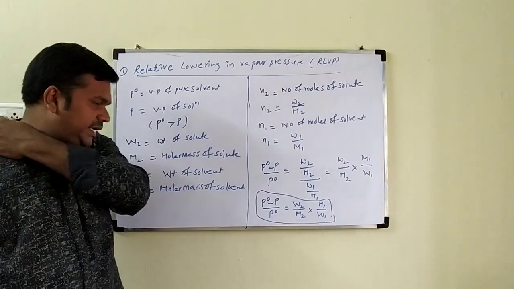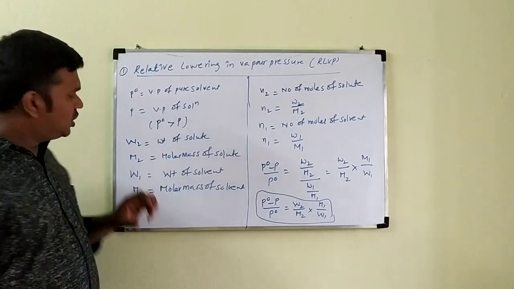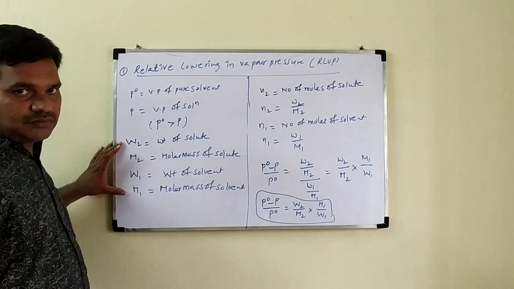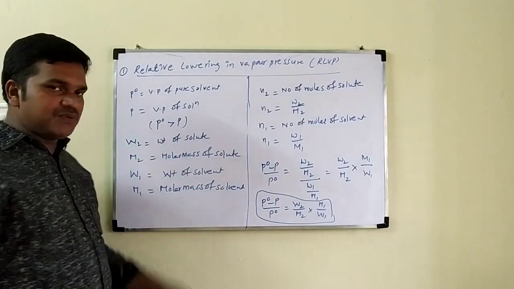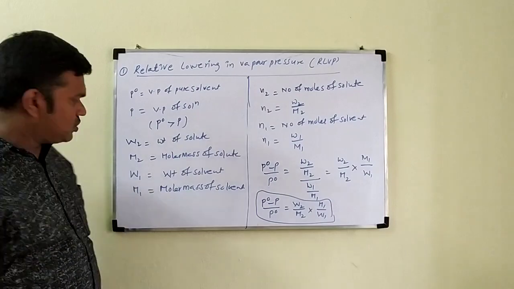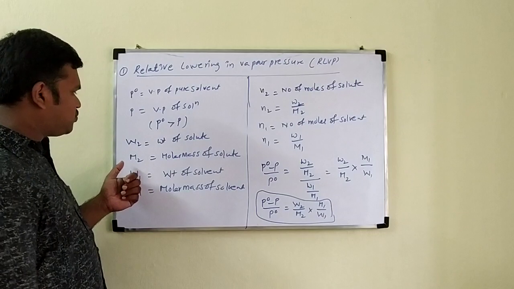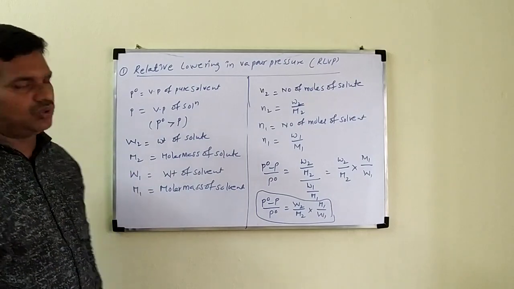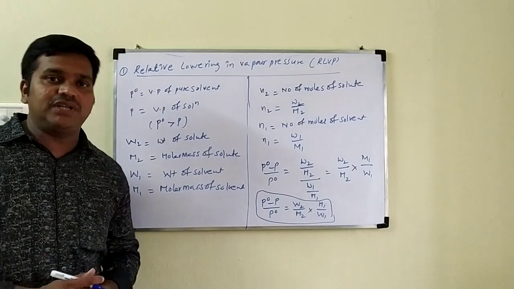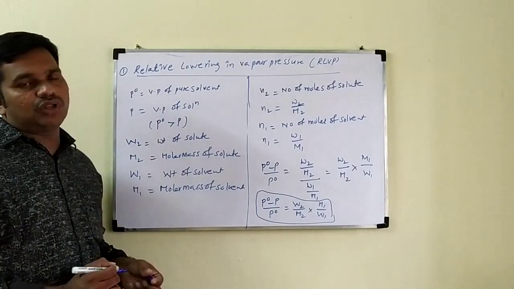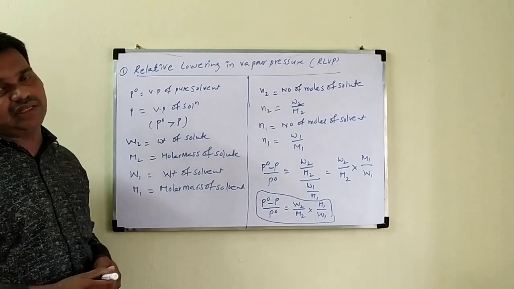You know already in a solution, solute is very less, solvent is more. If the two values are given, least value represents which one? Solute. Large value represents which one? Solvent only. So sometimes they give molar mass of the solvent, they ask me which one? Molar mass of the solute only. By comparing the values like this, we have to identify the given information and we can find out the molar mass of the solute.